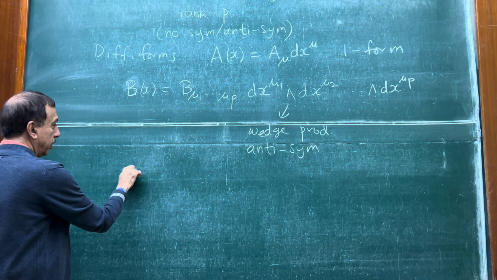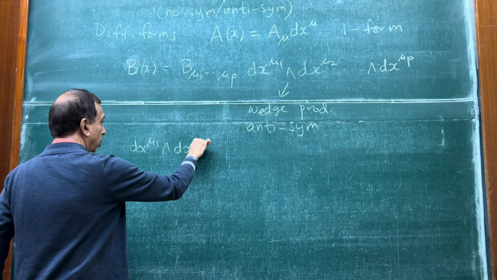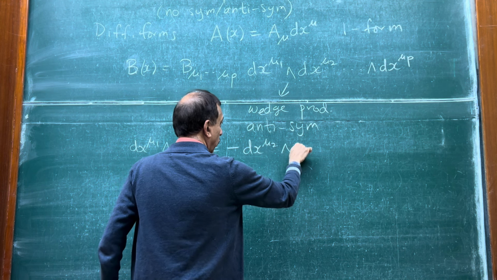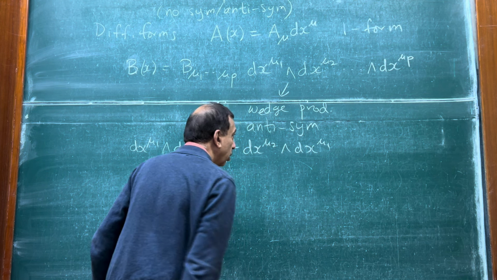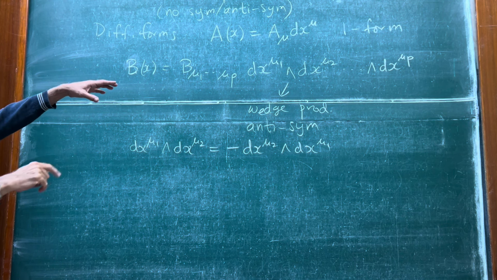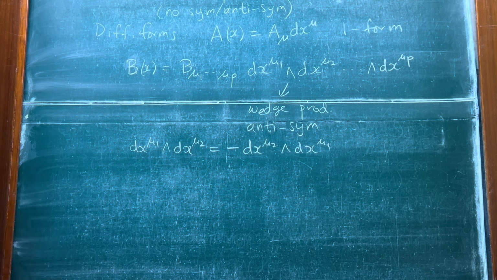So for example, dx^μ1 wedge dx^μ2 is declared to be minus dx^μ2 wedge dx^μ1, and the same for any two. You can also interchange them, like you can exchange 1 and p if you like, and you'll still get a minus sign.